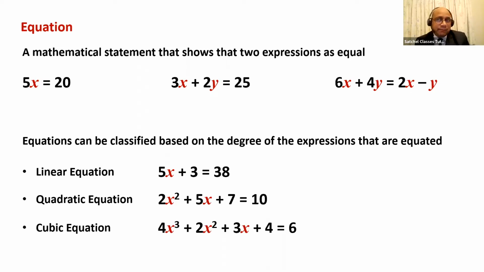And as in the case of expressions, we can have a cubic equation where a cubic expression like 4x cubed plus 2x squared plus 3x plus 4 is equated to 6. So we have understood what are expressions and equations.